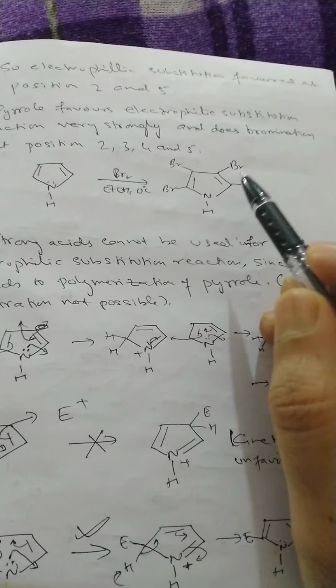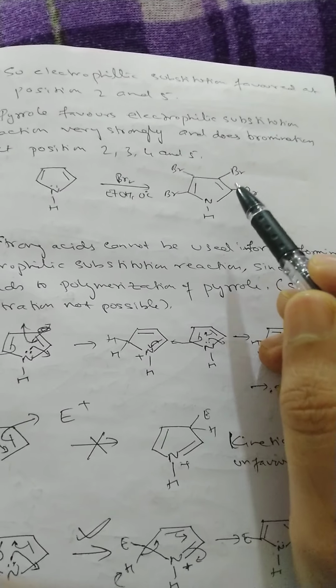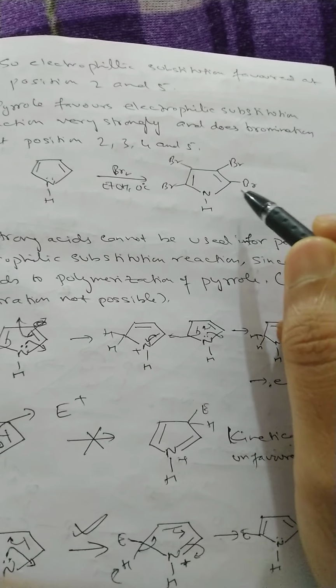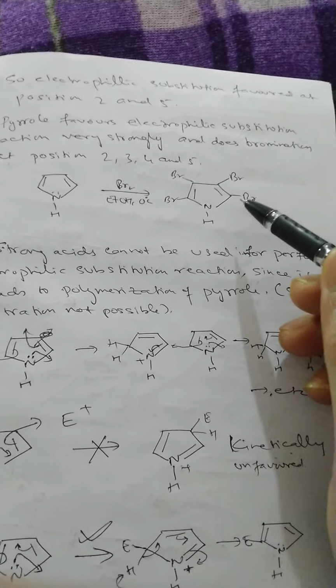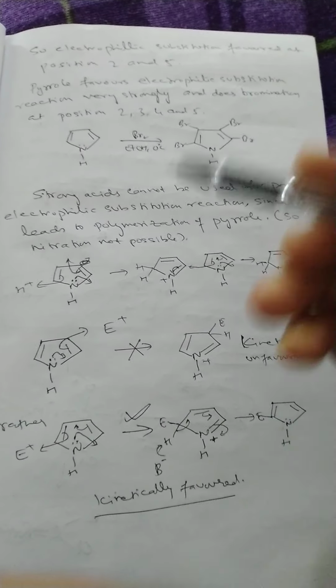But still it is undergoing electrophilic substitution reaction. Therefore, it is still aromatic. But if I compare it with pyridine, I can say pyridine is less reactive and less aromatic, because pyrrole is more reactive than pyridine, right? And we'll see more examples.